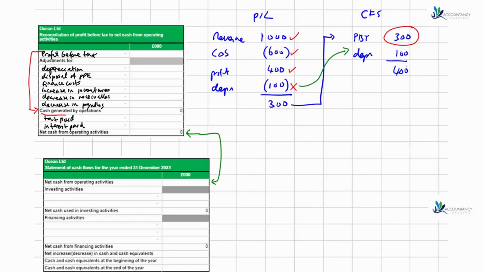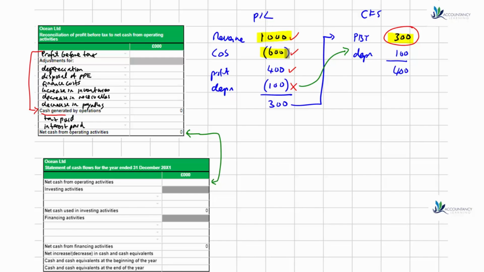So what about the inventories, receivables and payables? In the simple example we've just talked about here, we said that for our revenue, there was no receivable and therefore the 1,000 simply was cash. But if there were some receivables, then that 1,000 wouldn't have been cash and therefore we'd need to make an adjustment to our profit number to come back to the cash received from those customers.